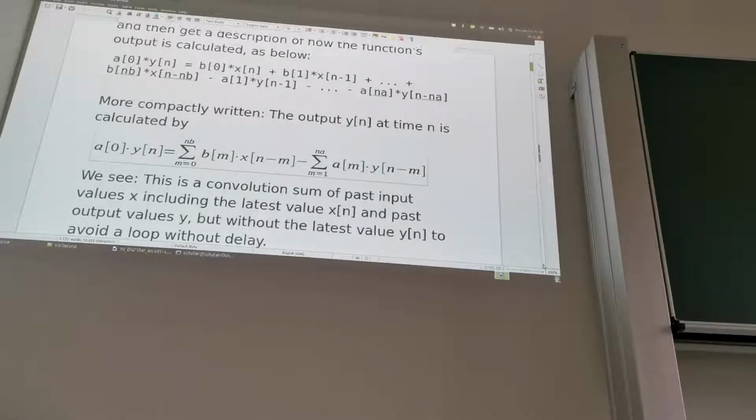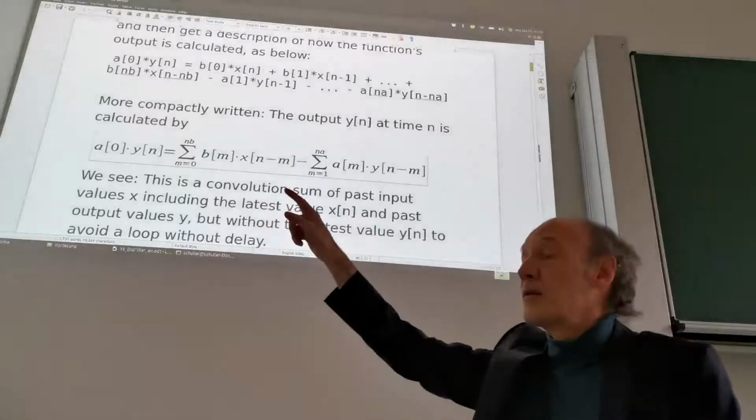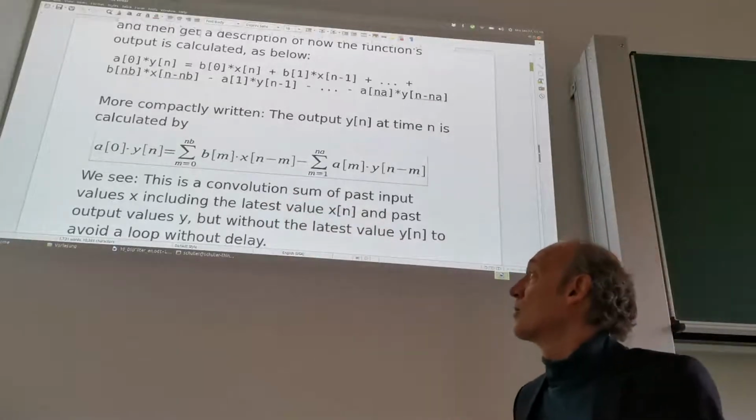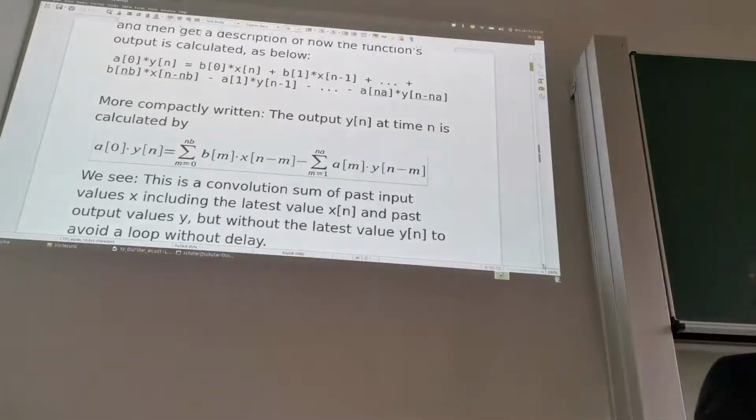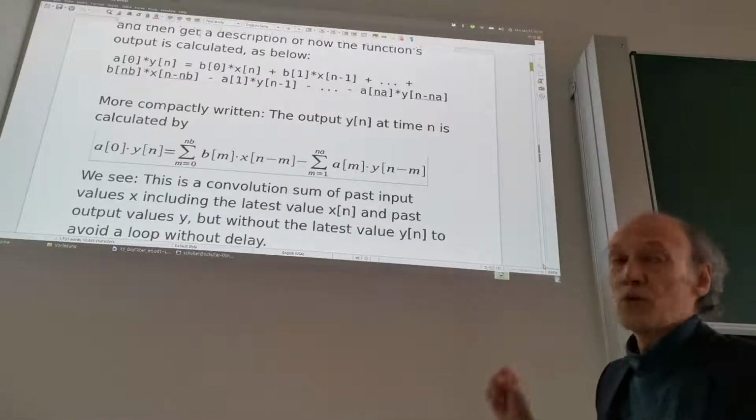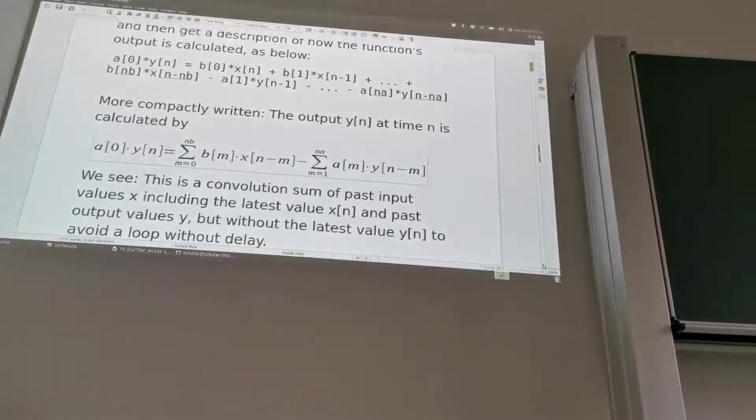So here again you can see the first sum has the b coefficients. It's basically a weighted average of past input samples, and also the current one if m is equal to 0. And then the second sum goes over the past output samples. So this is the weighted sum of the past output samples, which also goes into the current output.